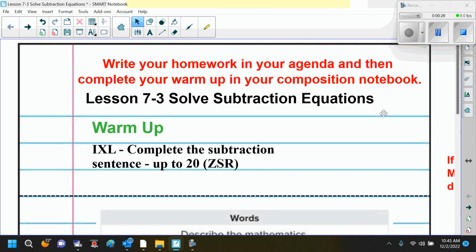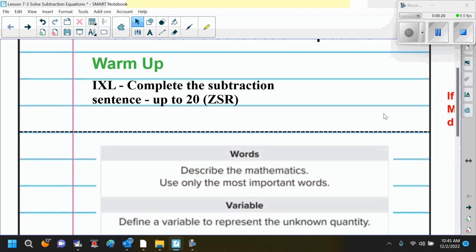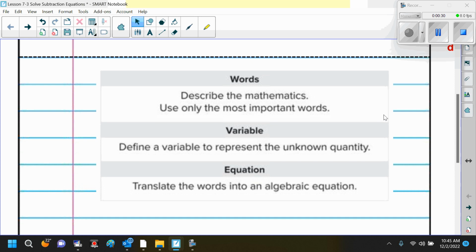So I would like for you to first, before we start the lesson, go ahead and write down these steps. These are the steps, of course, when you are writing an equation. Now, when we're writing an equation from a word problem, you guys, I like to make sure that I define the variable first.